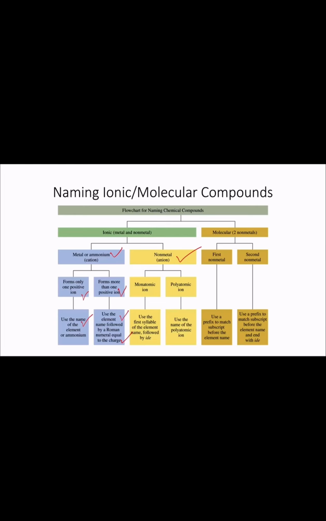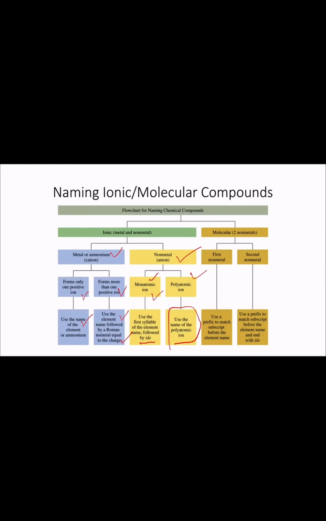All right, now we have two types of nonmetal ions we talked about. We talked about the monatomic ions, and we talked about the polyatomic ions. Use the first syllable of the element followed by ide for the monatomic ions, and use the name of the polyatomic ion for the polyatomic ions. So that table is going to be important.